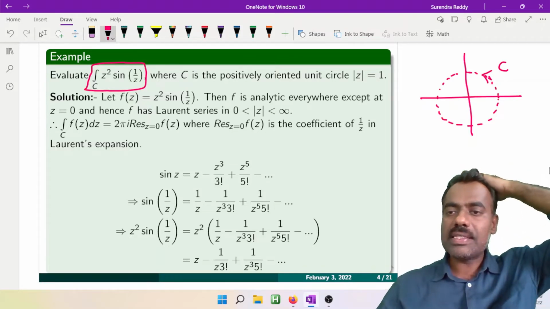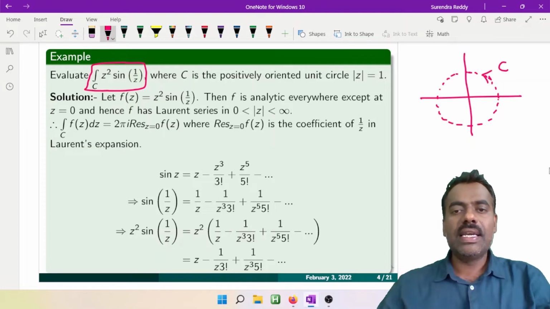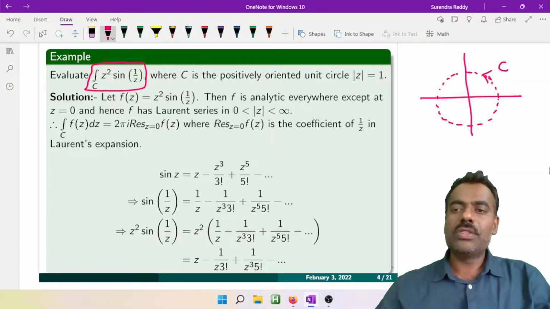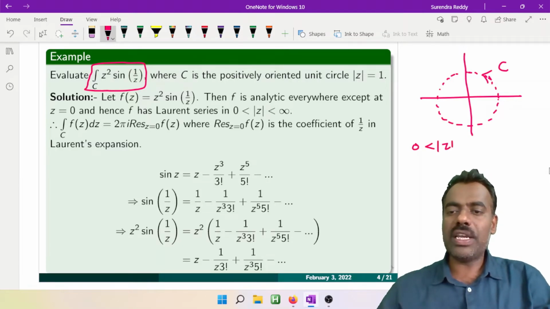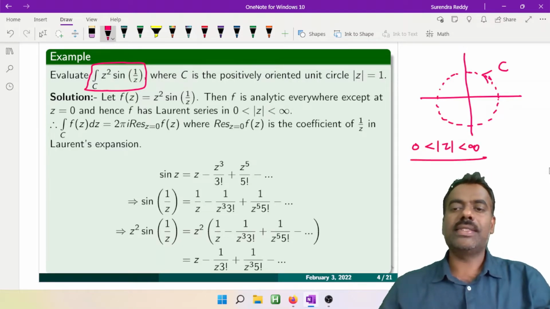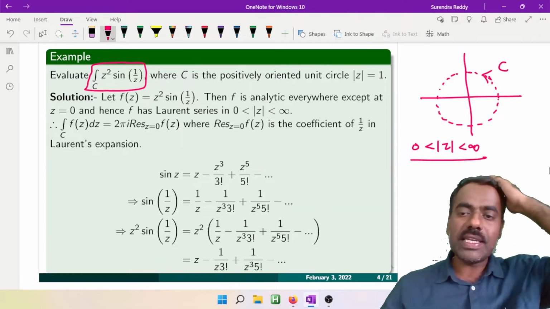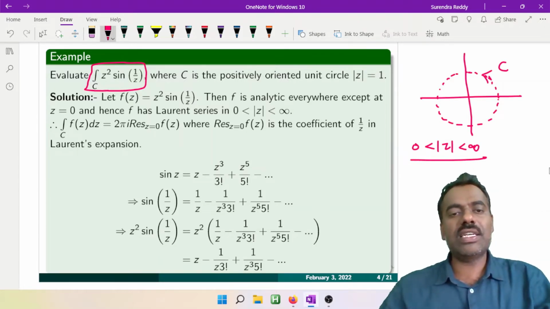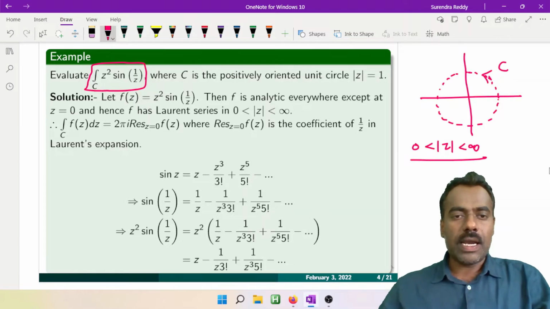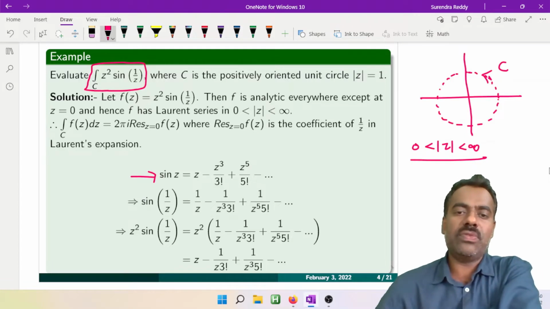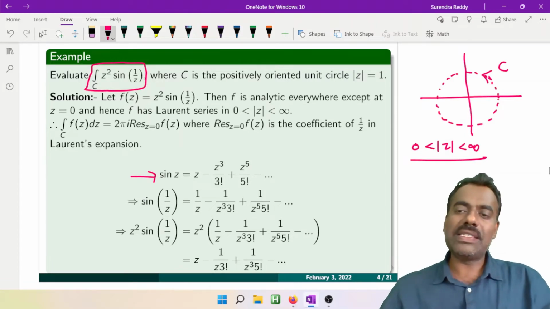This is a singular point, and one can see that f is analytic everywhere except at z is equal to 0. So we have a Laurent series expansion in the domain mod z strictly greater than 0. We know the expansion of sin z is z minus z cube by 3 factorial plus z power 5 by 5 factorial, alternately plus and minus.